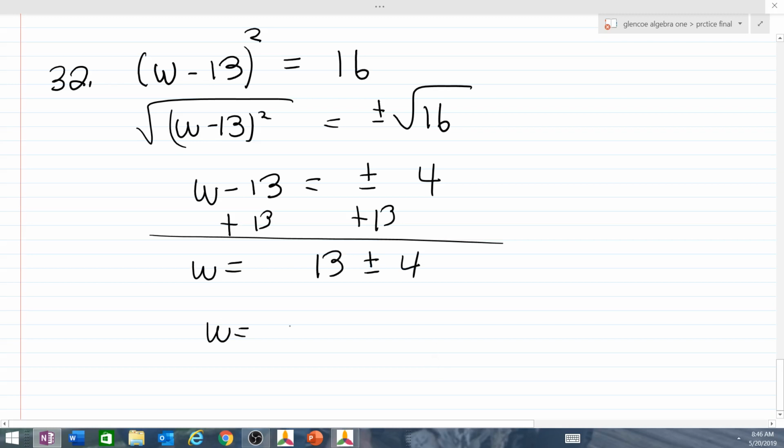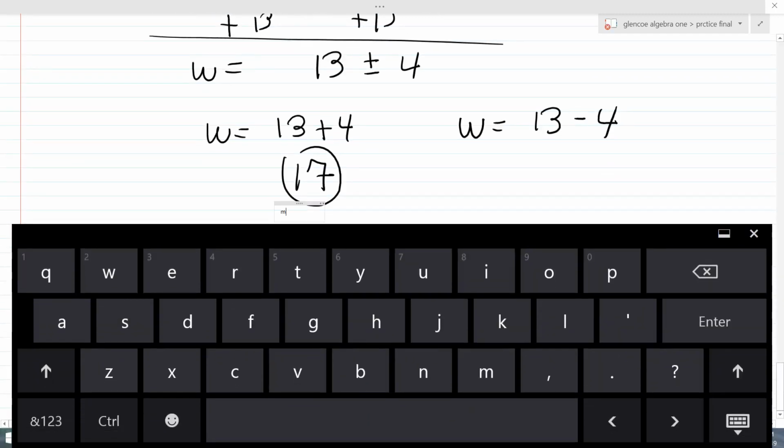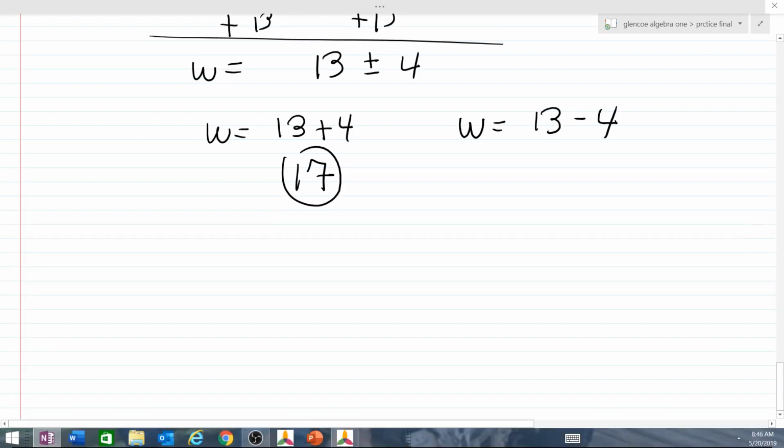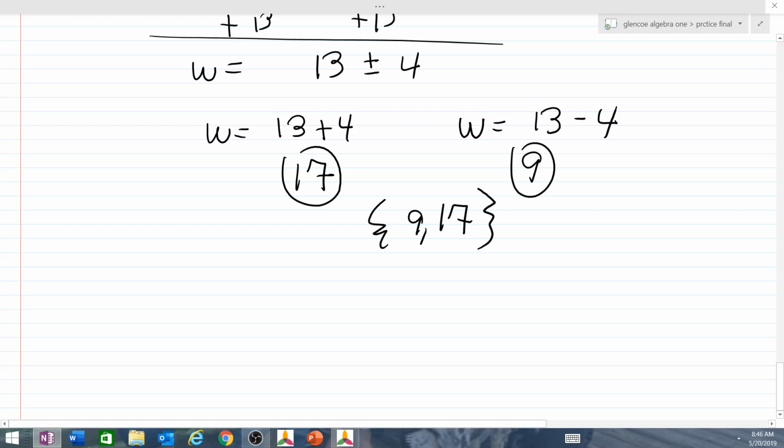You get two answers. W equals 13 plus 4, and w equals 13 minus 4, which gives you 17 and 9. Now you could have just gone ahead and plugged those in as well, and those would be in set builder notation. Is that helpful? Okay. Please turn the page.